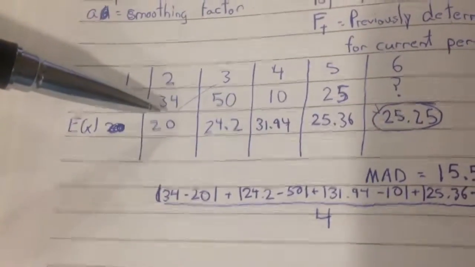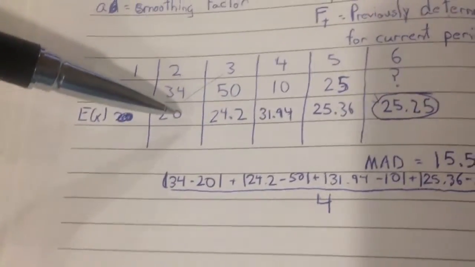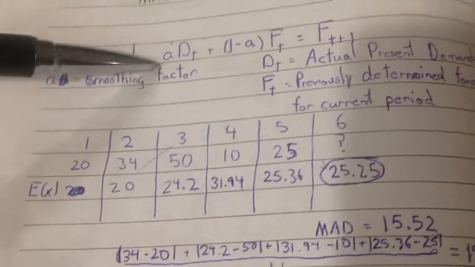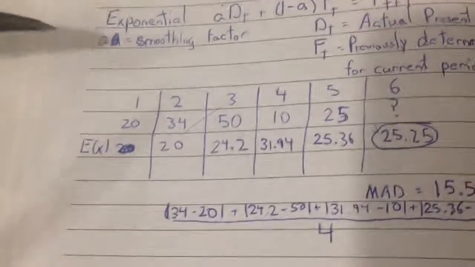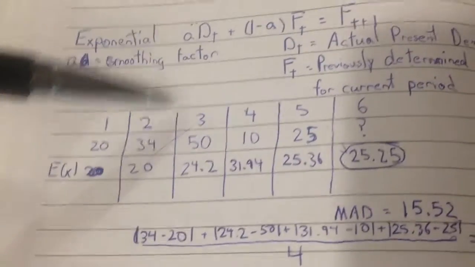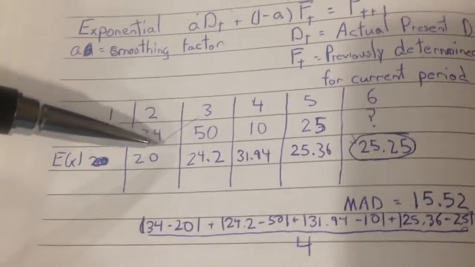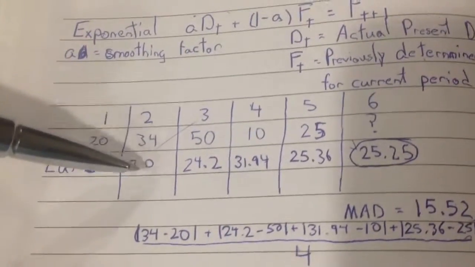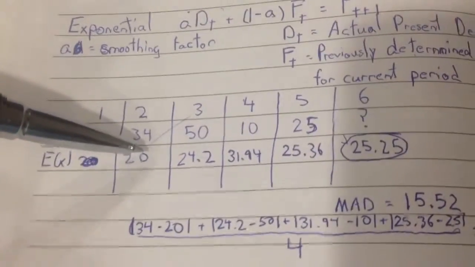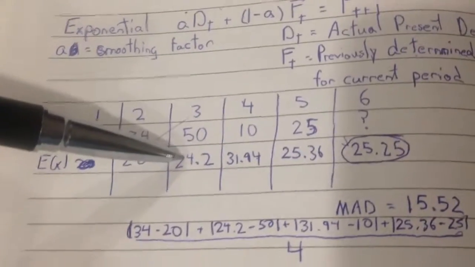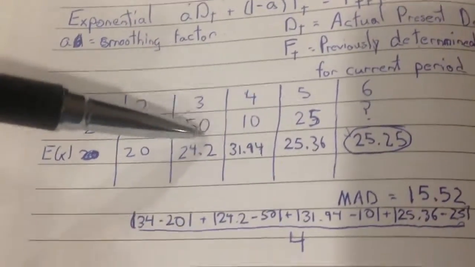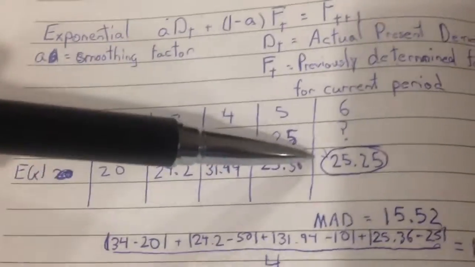From then on, we'll use the formula as 34 times 0.3, which is the smoothing parameter, plus 1 minus 0.3 times 20. When you do that, you get 24.2 for the forecast for week 3. When you repeat this process, you get the following numbers.